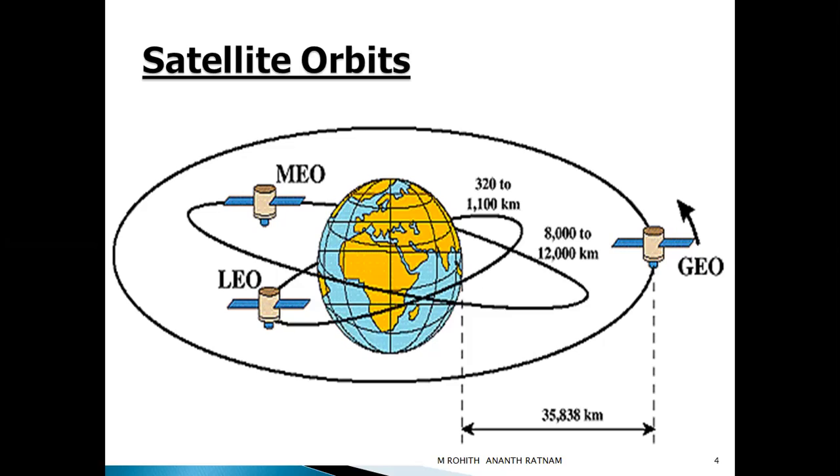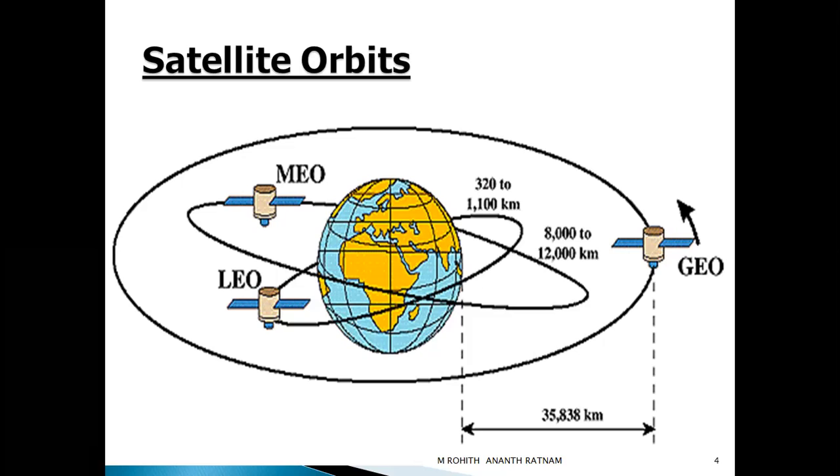We have the three most important orbits, which we call LEO, MEO, and GEO in short. LEO means low Earth orbit, MEO means medium Earth orbit, and GEO means geostationary Earth orbit. These are the three different orbits, located at different distances from our Earth.